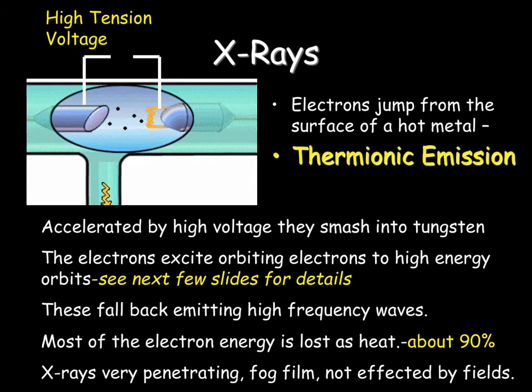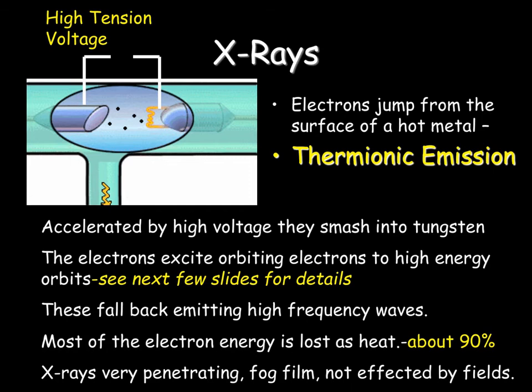I did tack this on at the end a bit. This is X-rays again. Electrons jump from the surface of a hot metal by thermionic emission, then are accelerated by a high voltage to smash into a tungsten target. About 10% of them excite electrons in the tungsten metal, which when it falls back to its original ground state, releases an electromagnetic wave or photon of a very high frequency, and these are X-rays.